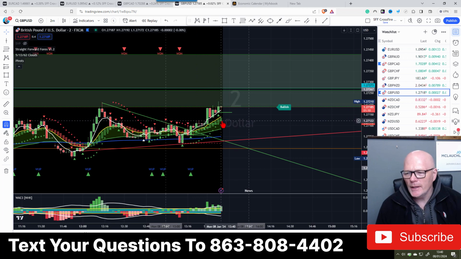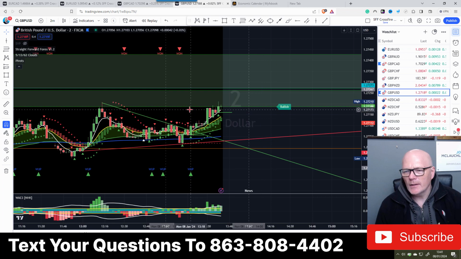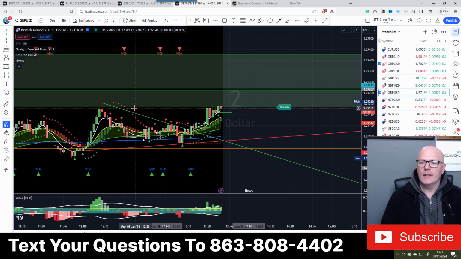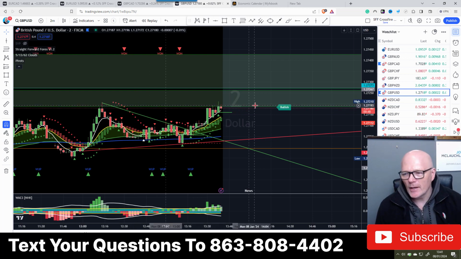The PSAR is green. We're currently in a wave up. The explosion line is moving away. We've got weakness in the volume on the histogram, but currently it looks like this may well go up. Again, we're currently at this resistance area, so we're going to have to see. It may well just consolidate at this area here, and it may break through.